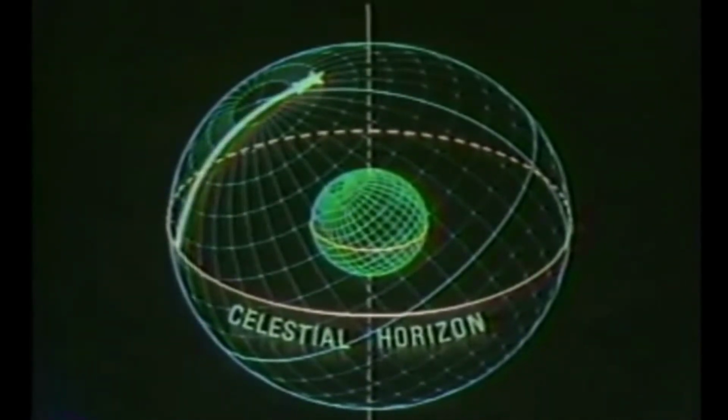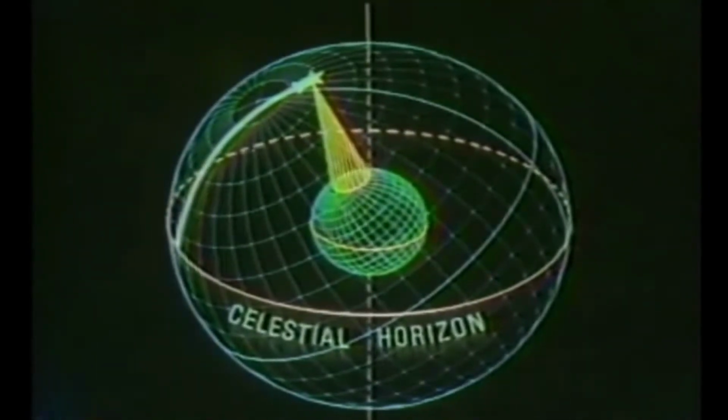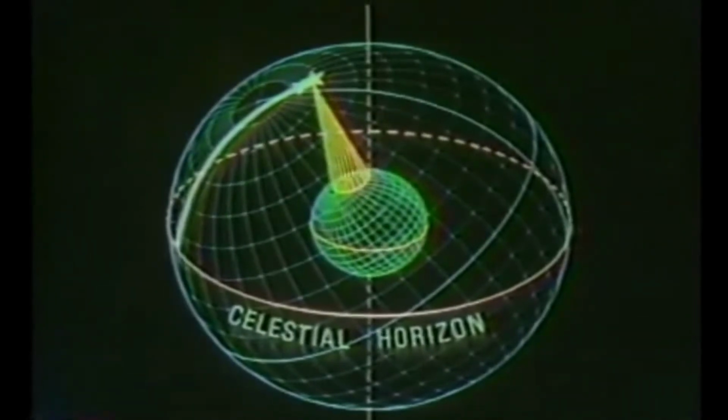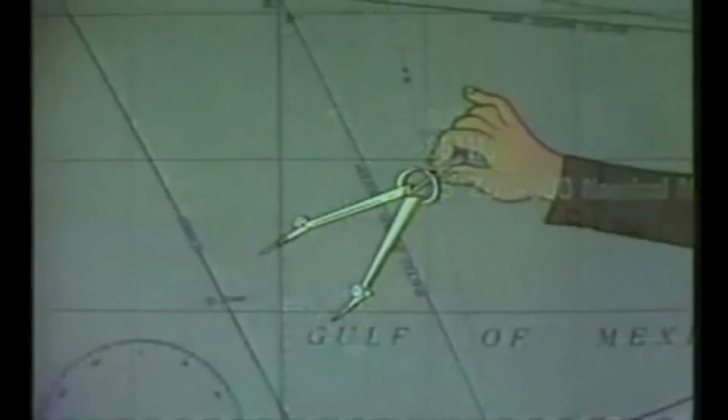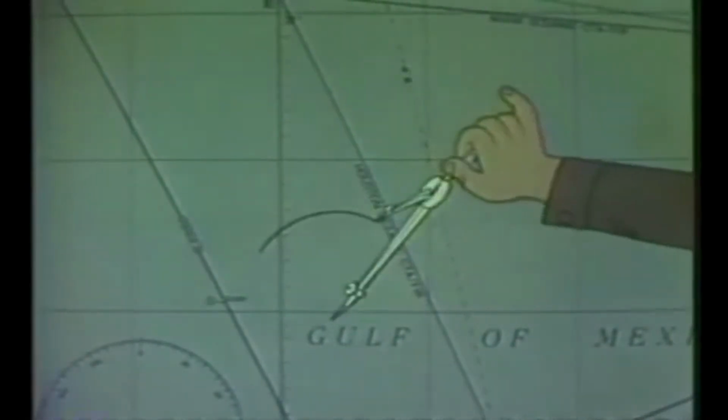When you note the altitude, you know you are somewhere on a circle of equal altitude around the GP of the observed body. The technique of actually plotting a line of position depends on the observed altitude of the celestial body. If it is 85 degrees or more, the zenith distance formula shows that you are within 300 nautical miles of the GP, and you can actually plot the circle of equal altitude on the navigator's chart.